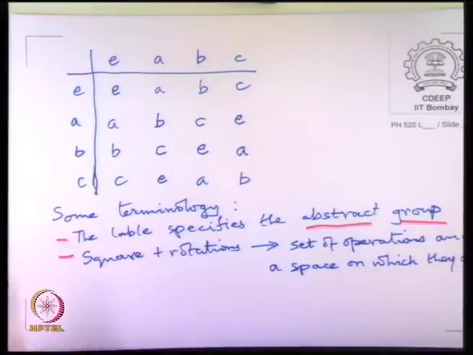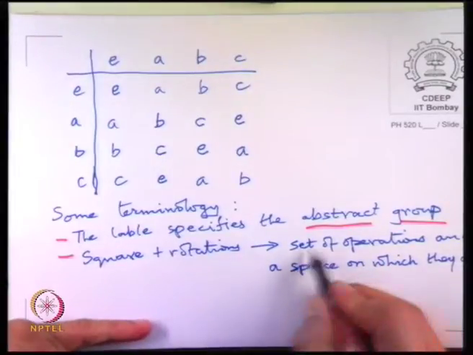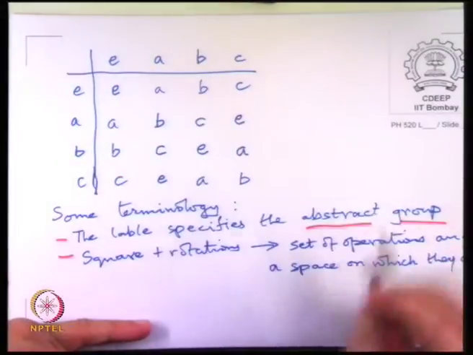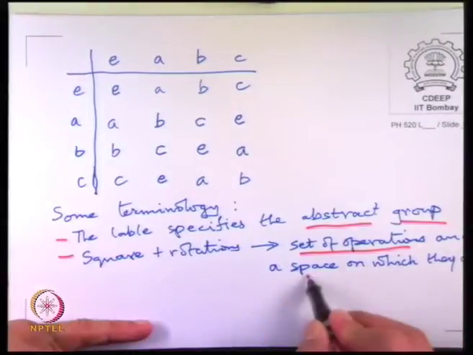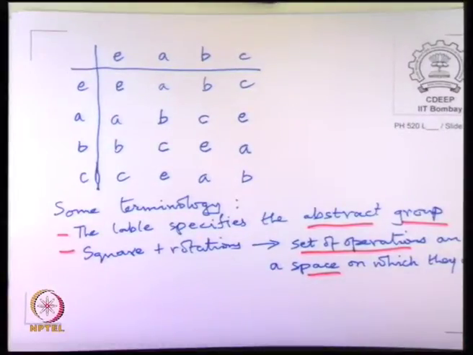So this is the generic property of any group. Although if you are just given the multiplication table, that is enough to define the group, in practice, you will want some realization of it.